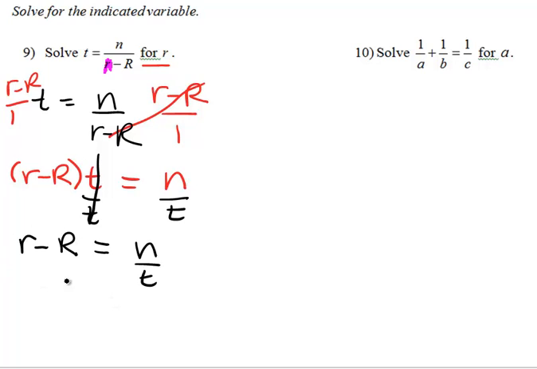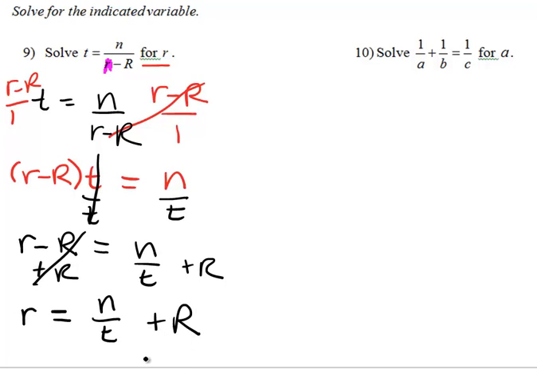And now, what's r up to now? r is in an addition-subtraction relationship with uppercase R. So I'm going to add the opposite. And so I end up with r equals n over t plus capital R. And I have done what's required.